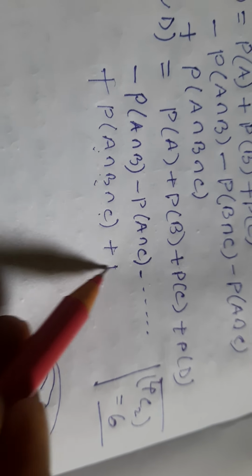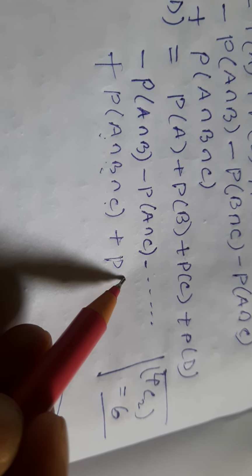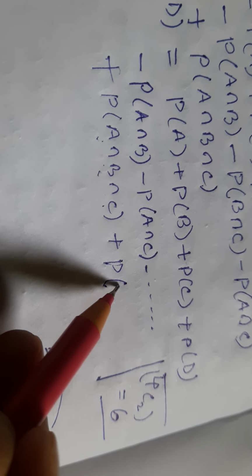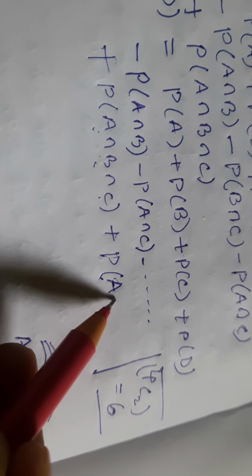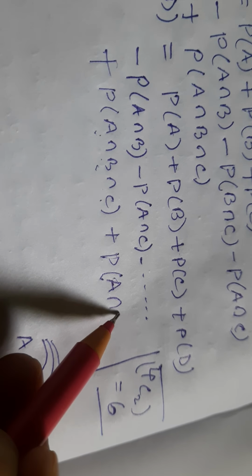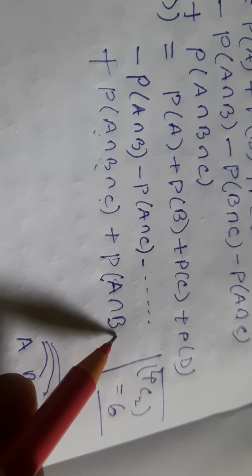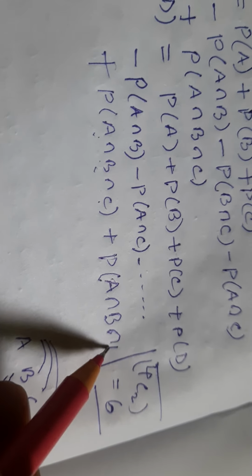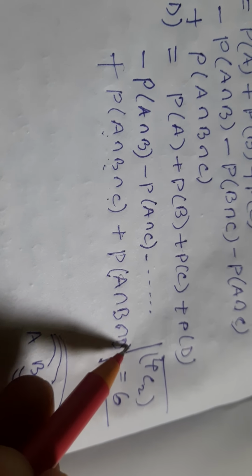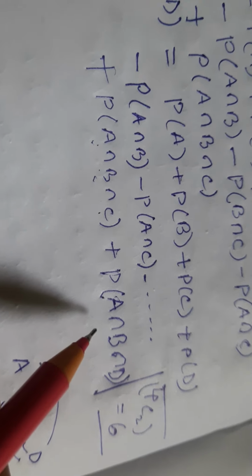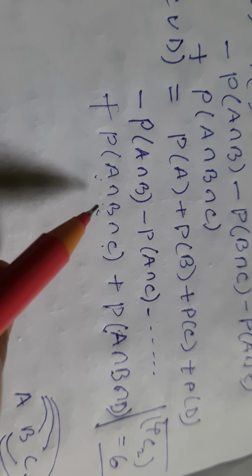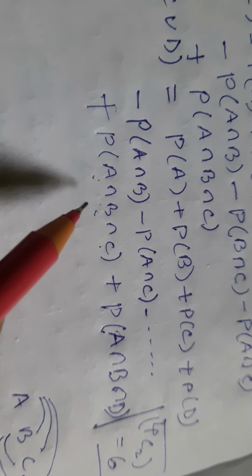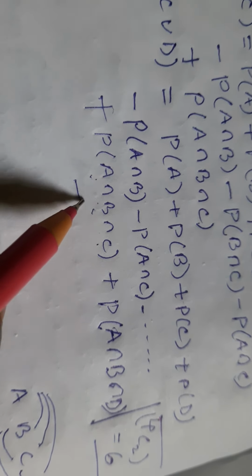I write one for you: in the next term, probability of A intersection B intersection D. We omit C here. So the next term will obviously be A C D, because we omit B there. So there will be 4 terms here with plus signs.